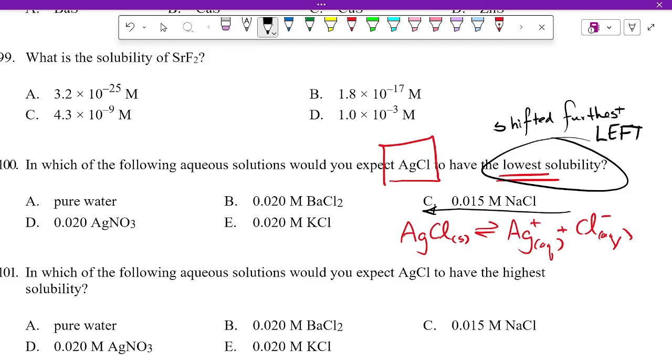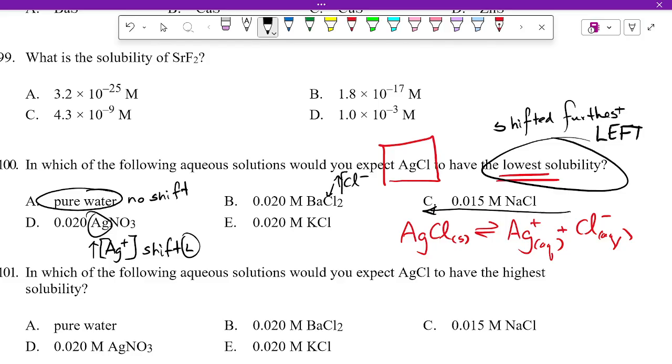Well, pure water, no shift. If we increase the concentration of Ag plus, that shifts it left. If we increase the concentration of Cl minus, that's going to shift it left. Here we're increasing concentration of Cl minus. That's going to shift it left. And this one's going to shift it left.